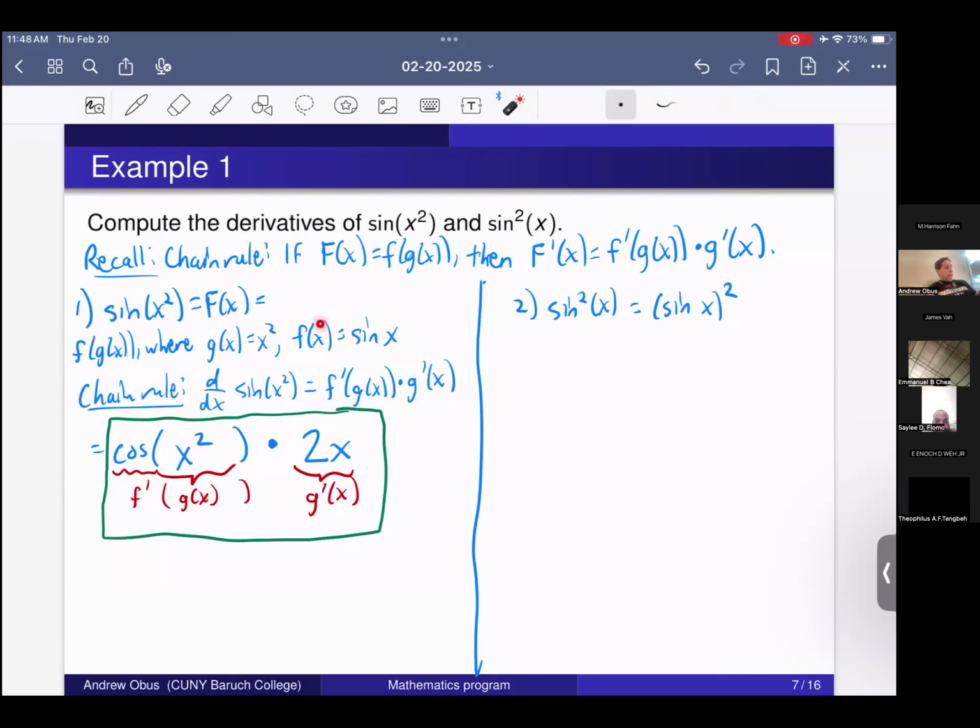Once you know what f and g are, then you can just use this formula, f prime of g of x times g prime of x. That's what I have labeled over here. The cosine is f prime, the x squared is plugging in g of x, and then times the 2x, which is g prime of x.